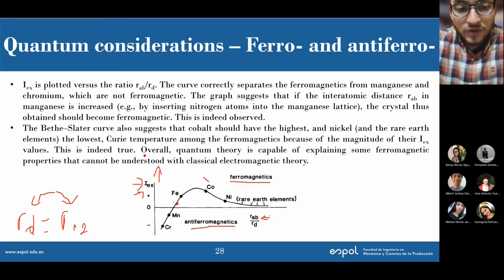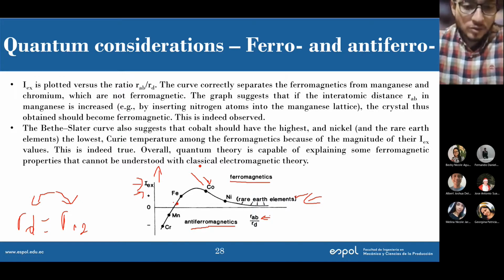The largest value is found in cobalt, the lowest values in the rare earth metals. So this one should have the highest Curie temperature and this one the lowest, and that is actually true. So you can see with quantum theory why it can explain some ferromagnetic properties that couldn't be explained with the classical electromagnetic theory.